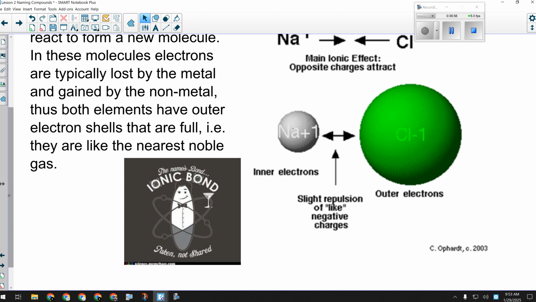So let's see what we remember from last year. Is that an ionic compound? It is. Lithium is a metal. Fluorine is a non-metal. What would I call it?